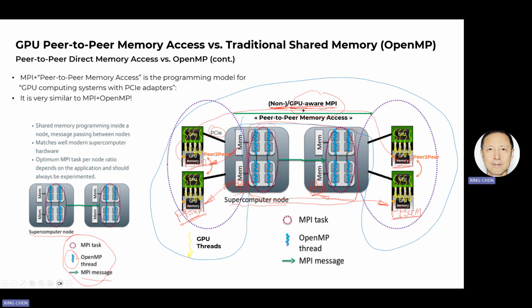So, in a GPU computing system, if we look at the programming model, we have two programming models in play: MPI plus OpenMP, the first one in play for the CPU, and then MPI plus peer-to-peer memory access in play for the GPUs.